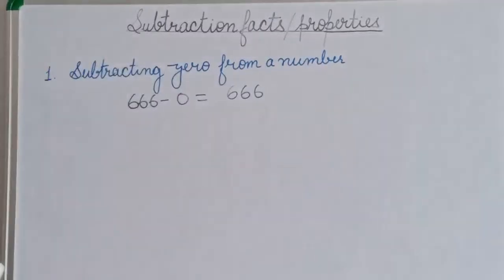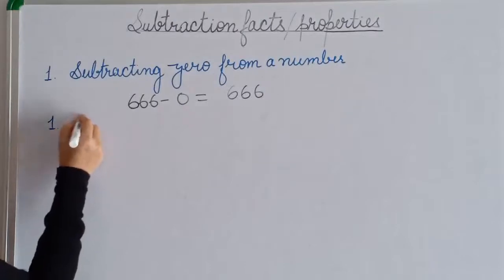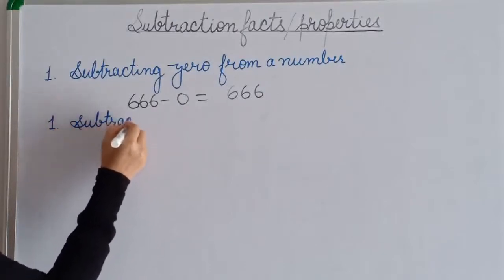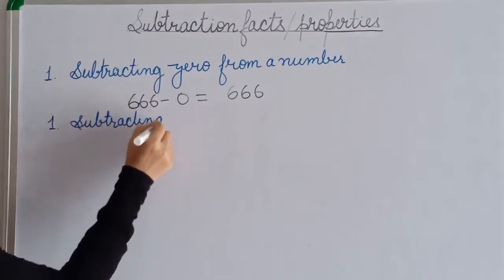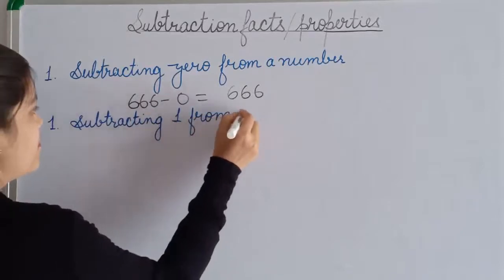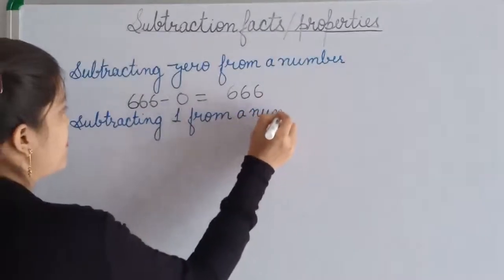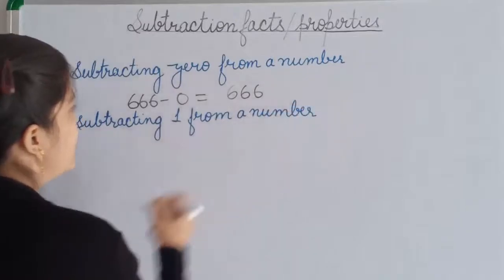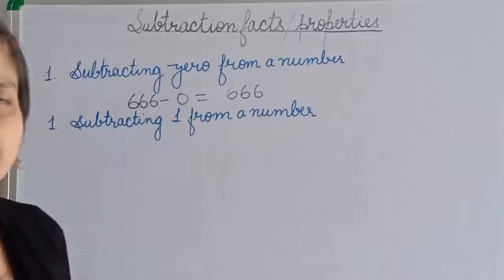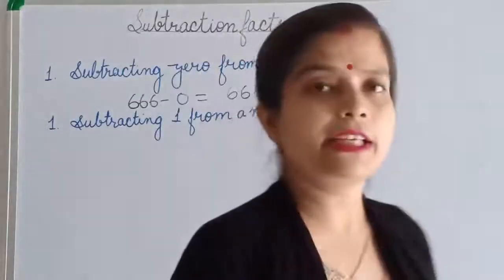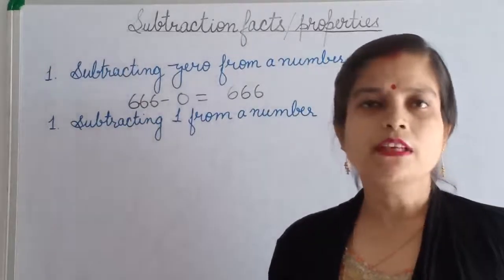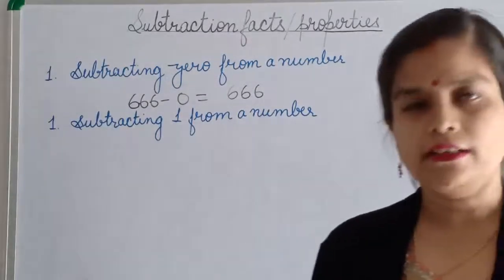Now, the second fact. Children, when we subtract 1 from any number, what do we get? We get the number which is the predecessor of that number, meaning the number that comes just before that number.